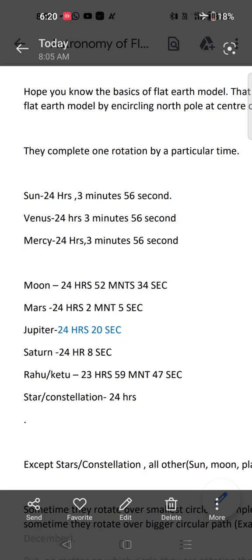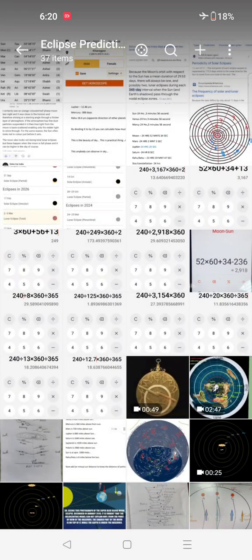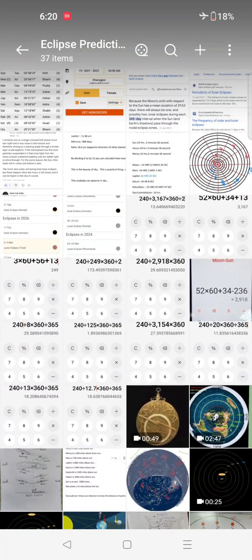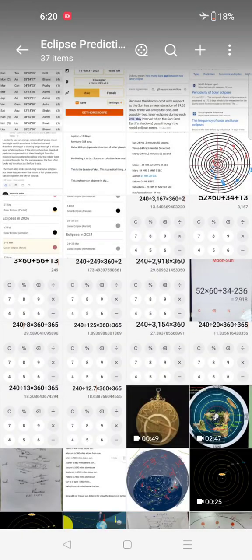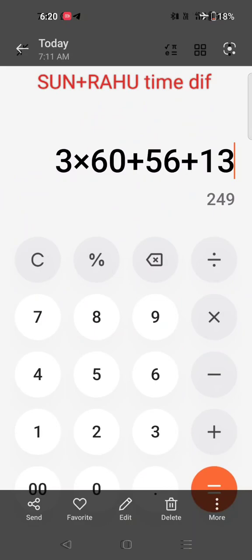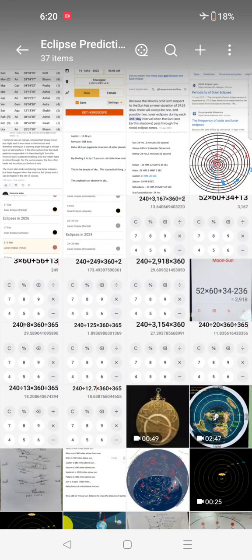So what is their gap? It is 3 minutes 56 seconds and minus 13.7. So we have to add them. 13 seconds we have to add. This is Sun and Rahu. The time difference is 249 seconds. The gap between Rahu and Sun is 249 seconds.